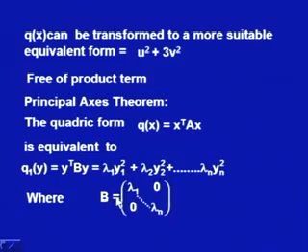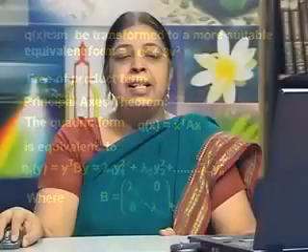So, B is a diagonal matrix and these terms are the eigenvalues of the matrix A. So, this is called the principal axis theorem. For a symmetric matrix this is possible.